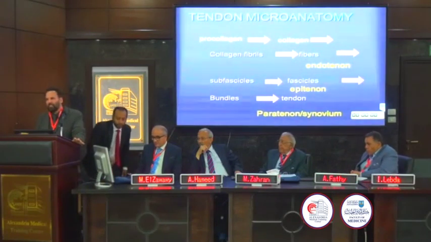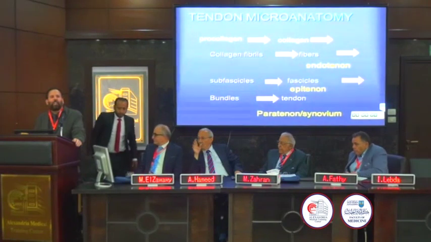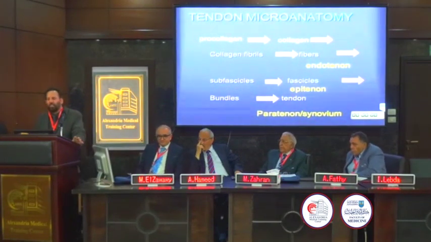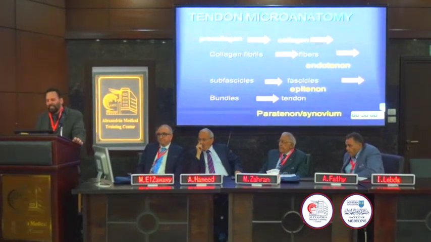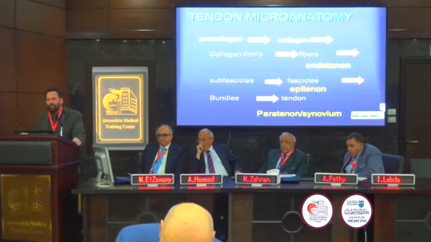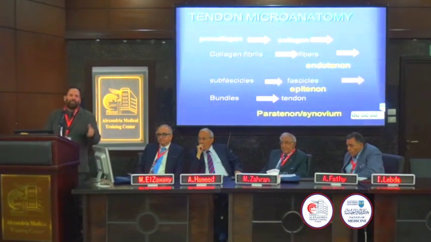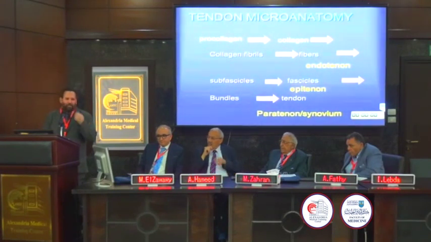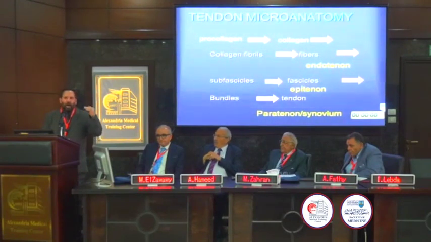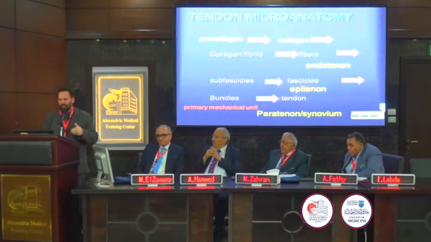Tendons are avascular, the blood supply and neural innervation comes from the endotenon, the epitenon, and the paratenon. So around the fiber is the endotenon, then we get subfascicles and fascicles, and around that is the epitenon, and then we get bundles and a tendon, and around that is a paratenon. And this is the hierarchical organization. It's constantly repeating itself.